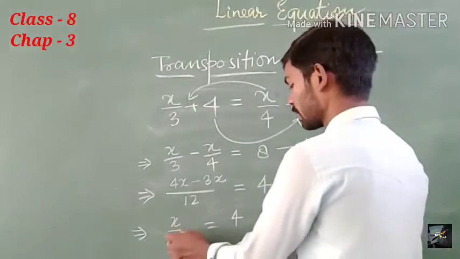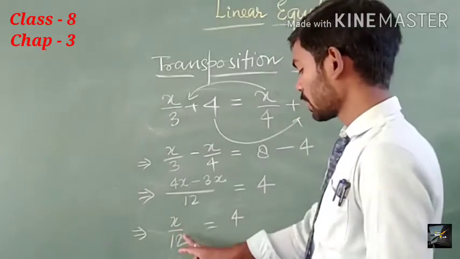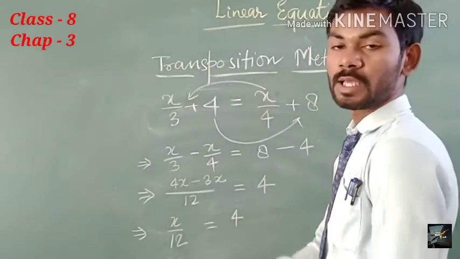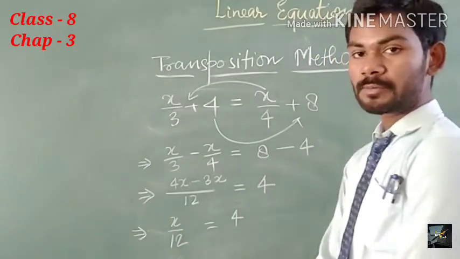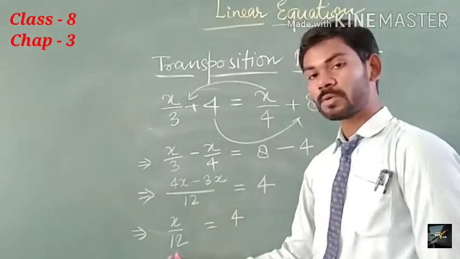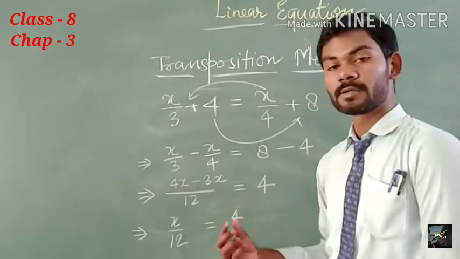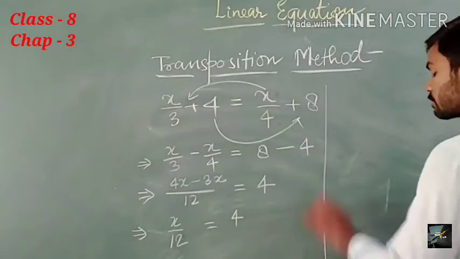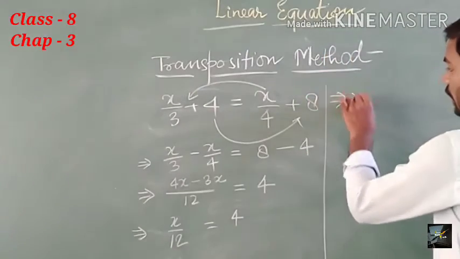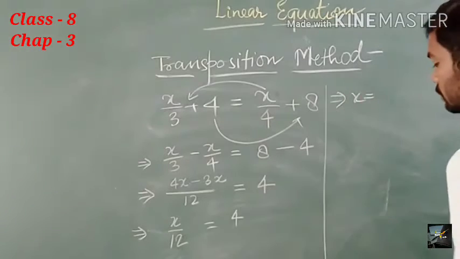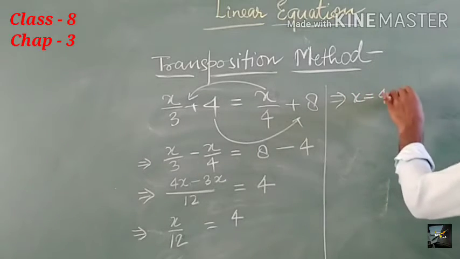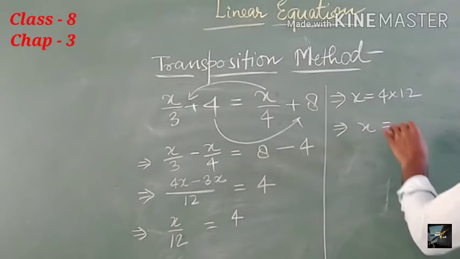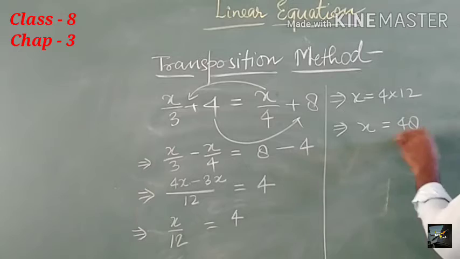Okay. Here we can see that x is divided by 12. Therefore, when we transfer 12 to the right side, it becomes multiplied, and we get x is equal to 4 multiplied by 12, and this is equal to x is equal to 48.